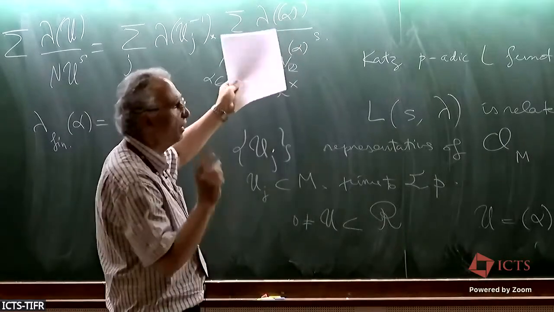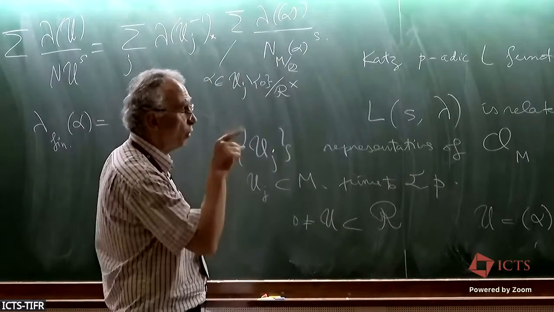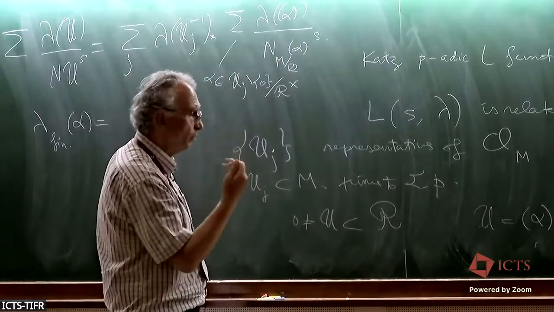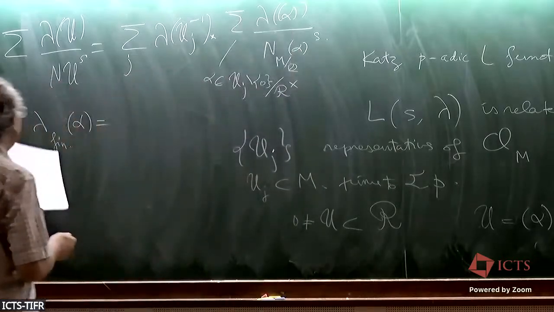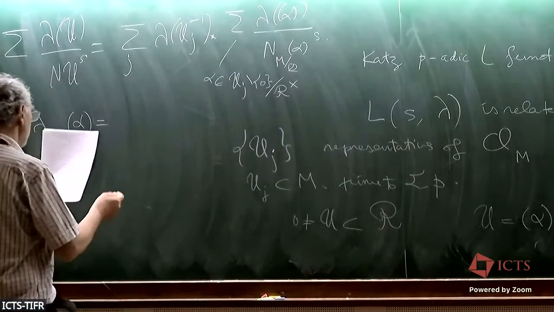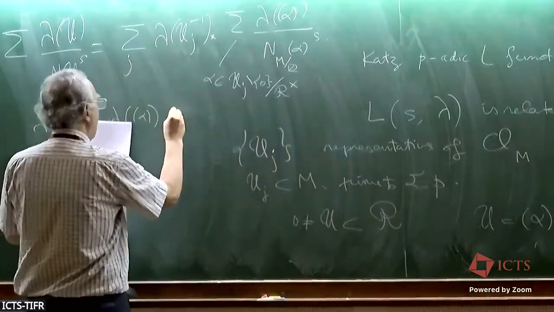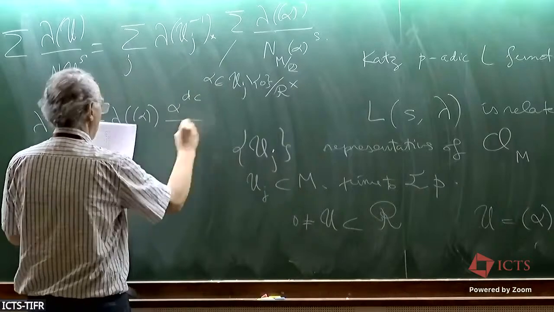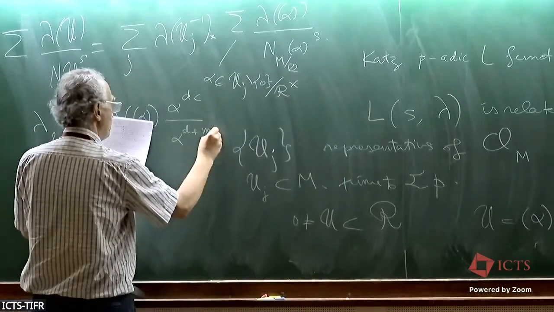So you modify it slightly such that lambda of alpha is a function on a finite group. So here it's not a function on a finite group, but if you modify it as follows, you consider lambda of alpha times alpha to the dc over alpha to the d plus m0.